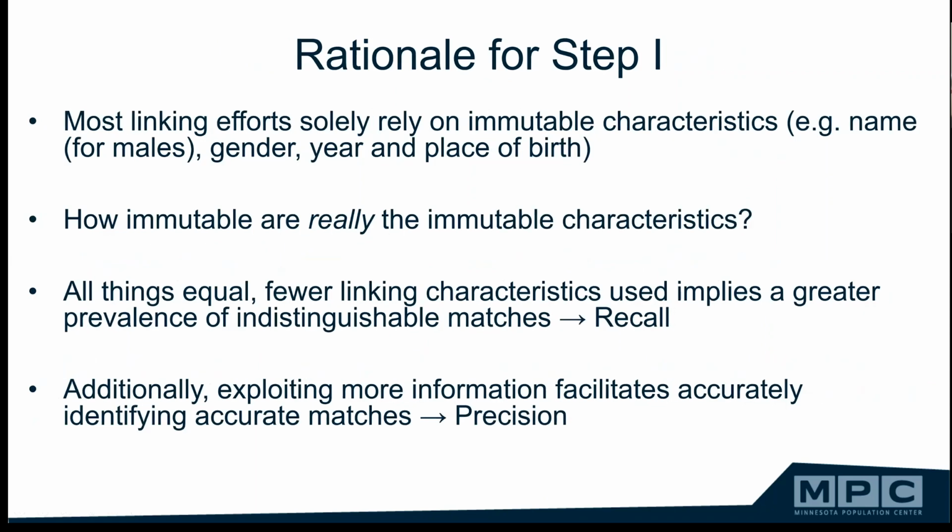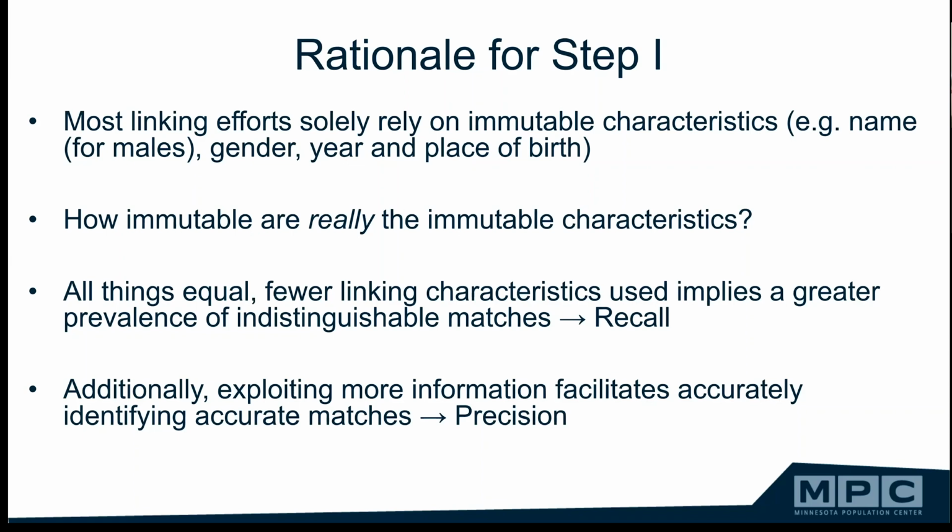So again, the rationale for step one. Most linking efforts solely rely on immutable characteristics: name, we're only linking males because males don't change their names, gender, year and place of birth. These are characteristics that we link on and use as linking variables.